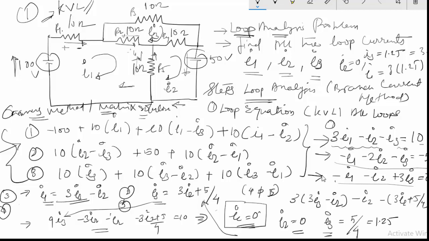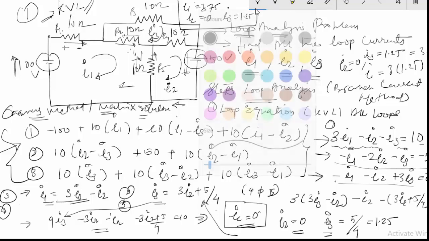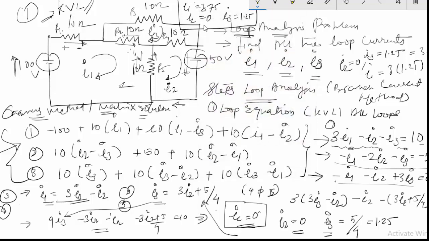Based on your solution, you have I1 equal to 3.75, I2 equal to 0, and I3 equal to 1.25. So these are my answers, and just highlighting this, what you got here is the answer.